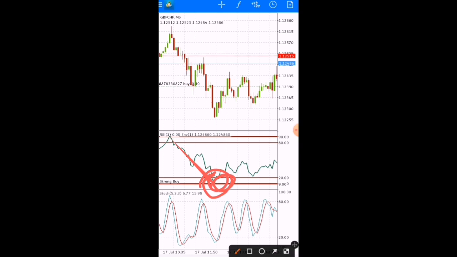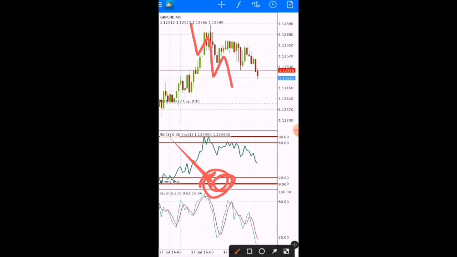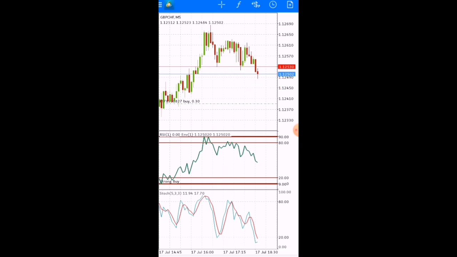What you want to see on the main chart is something like this, and then you want to see price coming to close above that key level, and then when price pulls back, it should fail to break through that lower key level. Okay, so let's see what happened.